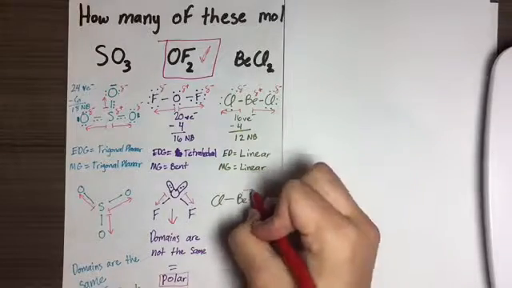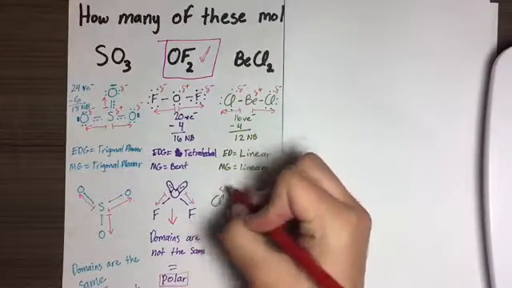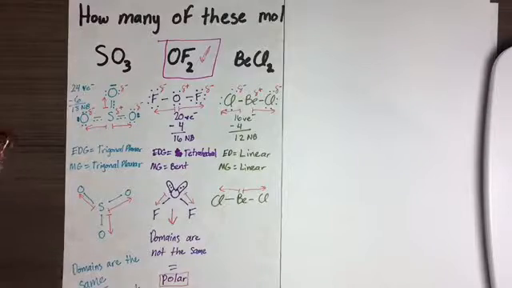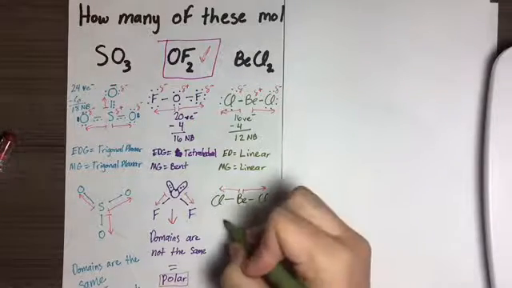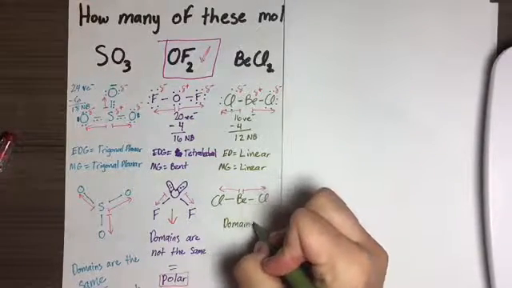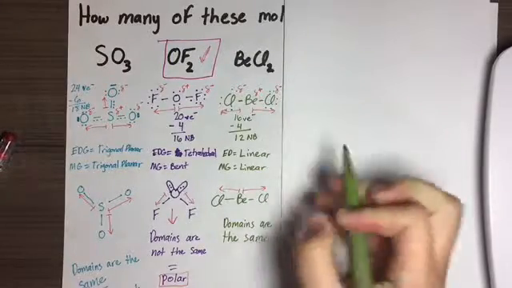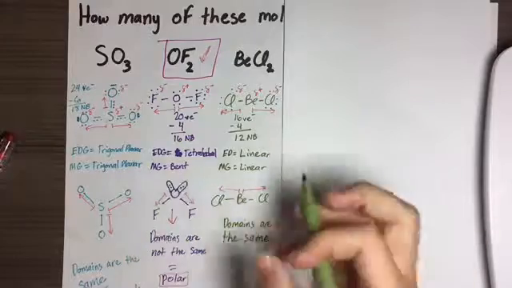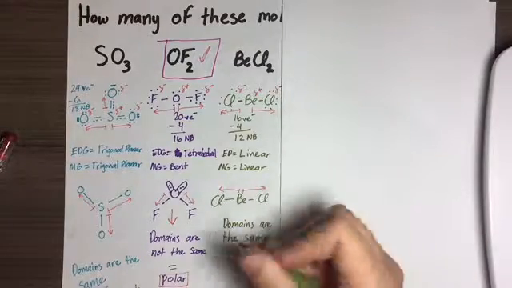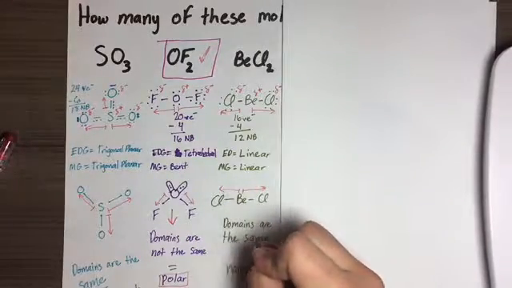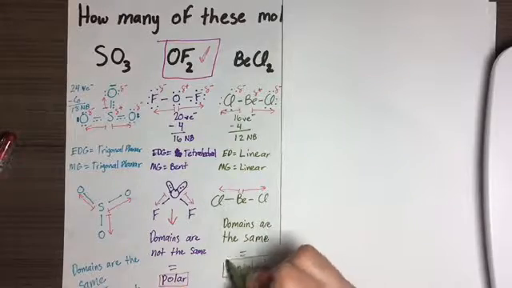Our dipoles are going out towards the chlorines, and our domains are the same. And these 2 dipoles cancel out each other since they're going in opposite directions. So that means it is a non-polar molecule.